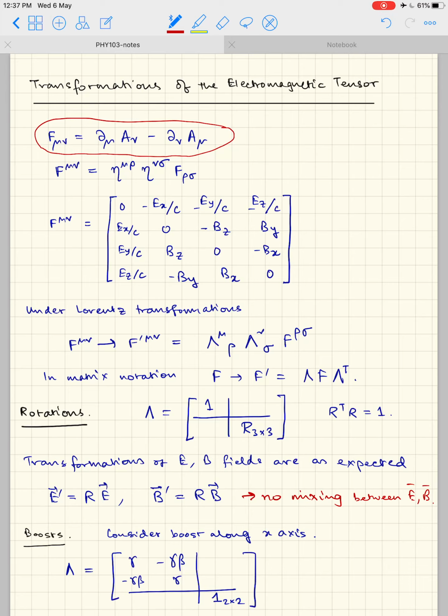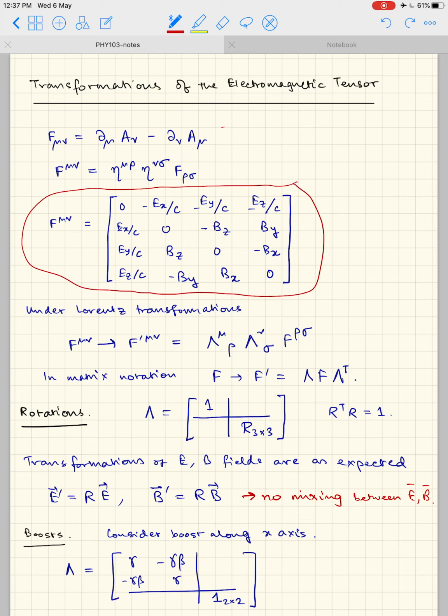When we wrote down F upper mu nu, in matrix form it was made up of E's and B's. And the very important thing that we said was that under Lorentz transformations, F mu nu becomes two lambdas multiplied by F rho sigma. Now we wanted to explicitly look at transformations where we have the explicit form of these lambdas.